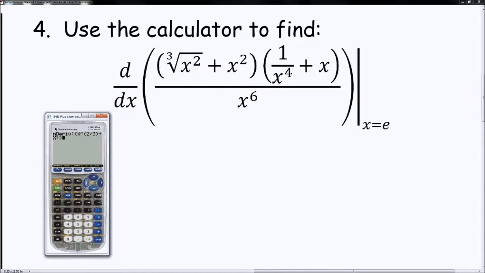I'm multiplying that by 1 divided by parentheses x to the 4th, close parentheses. Whoops, forgot my caret. Plus x. And I want to divide that whole thing by x to the 6th. So x caret 6, close parentheses.